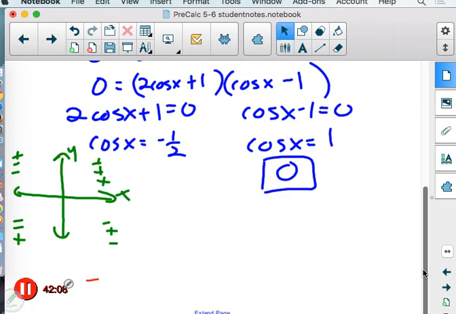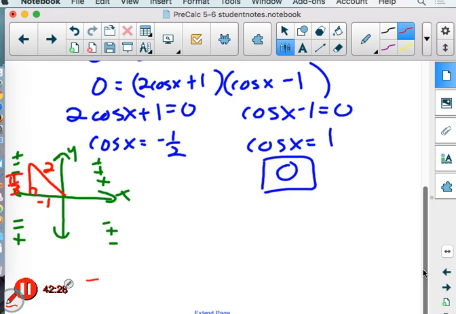Let's see. There's my little reference triangle. Adjacent, hypotenuse, in degrees. What's that reference angle that we need right there? 60 degrees. What's that in radians? Pi over 3.